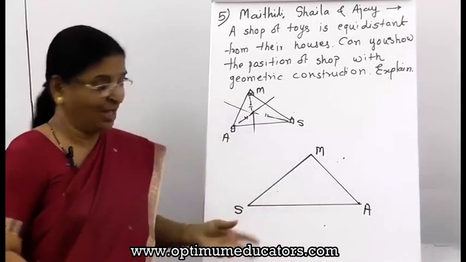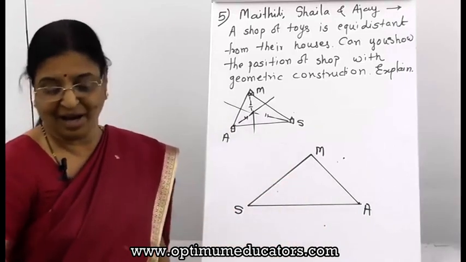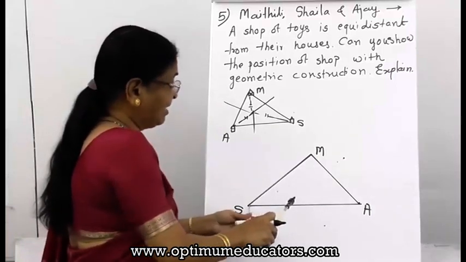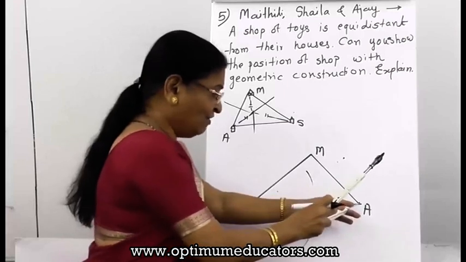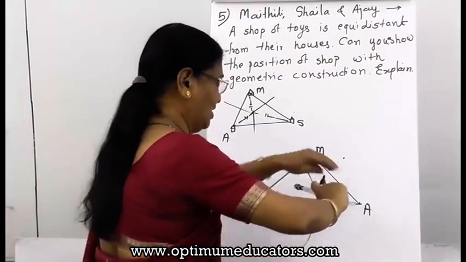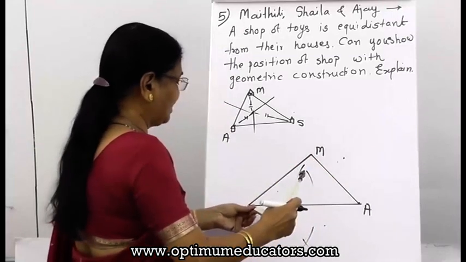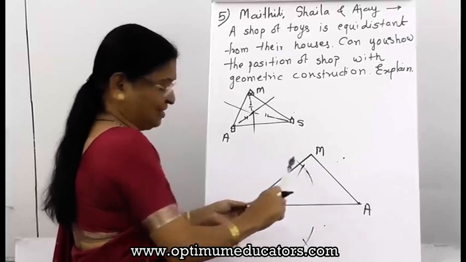So what will you draw? You will draw a perpendicular bisector. Of course, again the same method: take a compass, take any two. Even though you draw any two perpendicular bisectors, here it is not intersecting, that means you have to increase the distance.